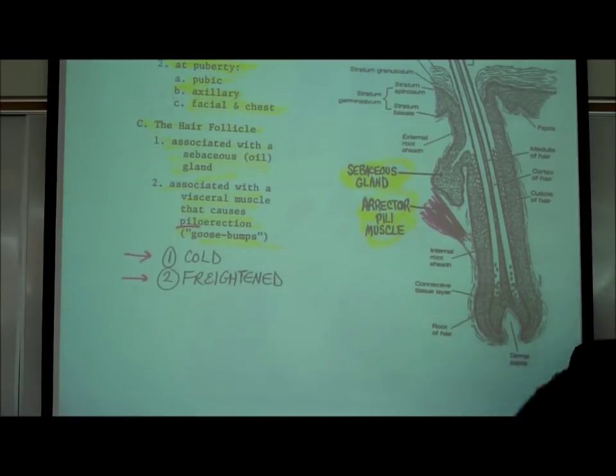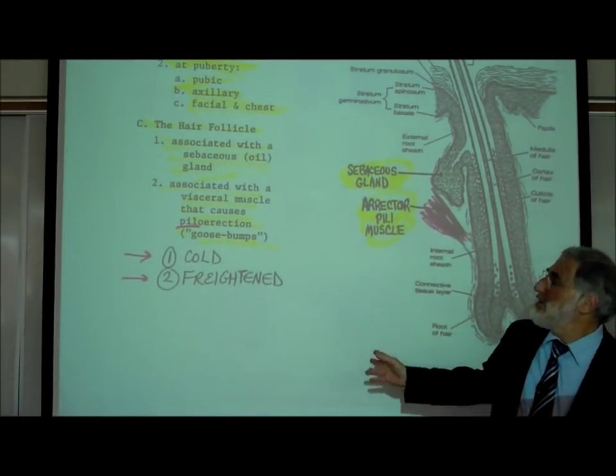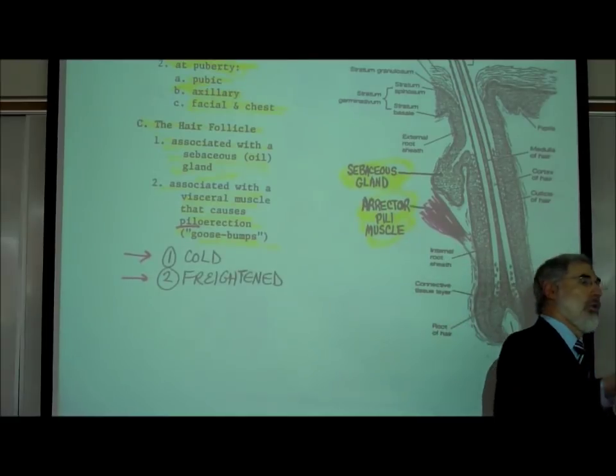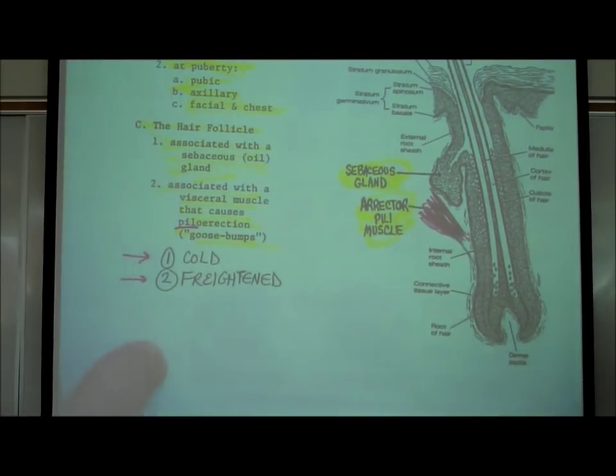So all this fur, when they stick it out, makes them appear more intimidating, larger. So they think that's the reason why it happens. We don't have enough fur or hair to stick out that makes us more intimidating, but that's the explanation as to why cold and fright cause the same response that it does in a cat. So the hair stands up and we get the goosebumps.